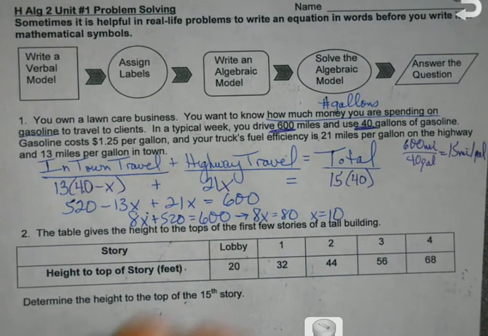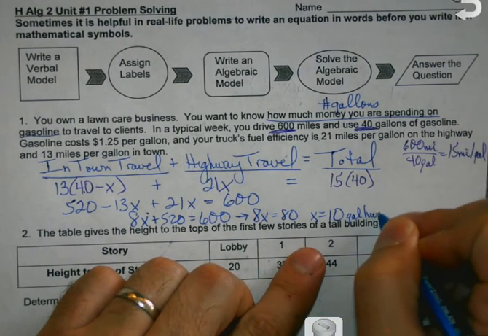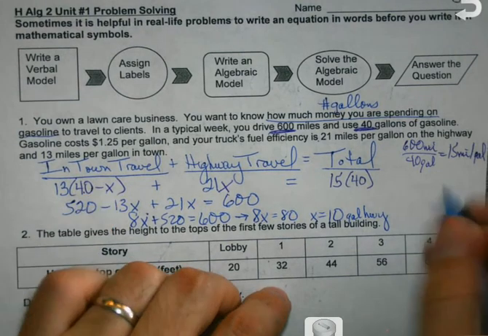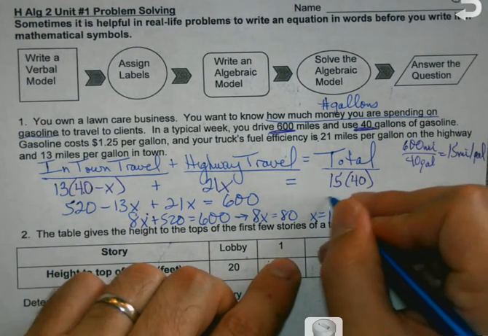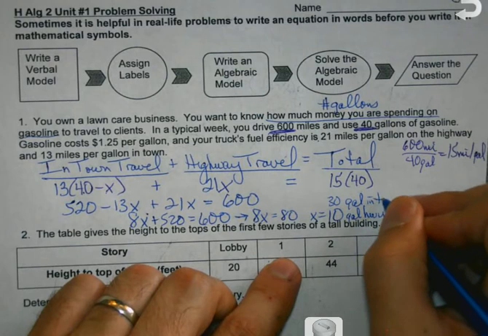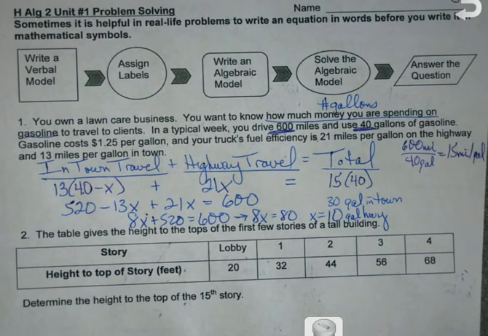So it lets me know that I use 10 gallons on the highway, and it basically lets me see that I'm using 40 minus 10, or 30 gallons in town. And so this allows me a whole lot of things to start figuring out how much money I'm spending in town versus the gas mileage I'm spending on my highway travel, and vice versa.